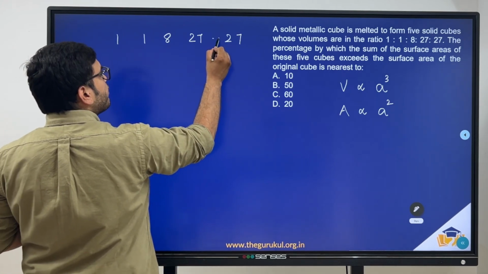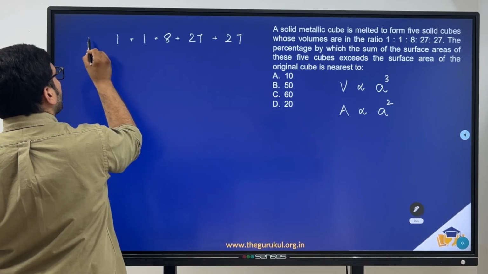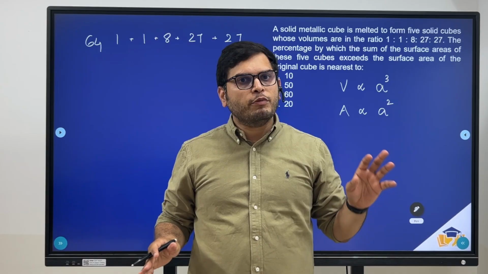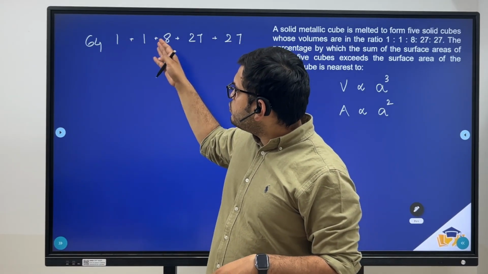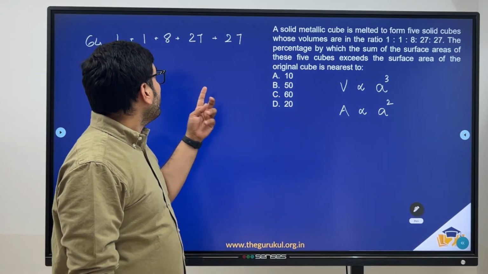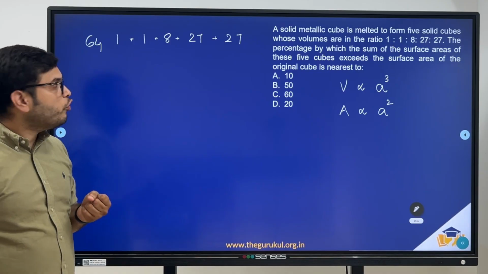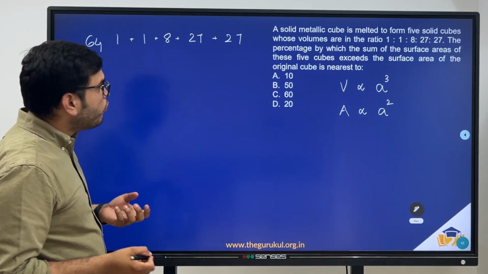So 27 plus 27 plus 8 plus 1 plus 1 is 64. So we have a larger metallic cube of volume 64 cubic units, melted to form 5 cubes of volumes 1, 1, 8, 27 and 27. If the volume is 64 cubic units, the side of this cube will be 4 units.